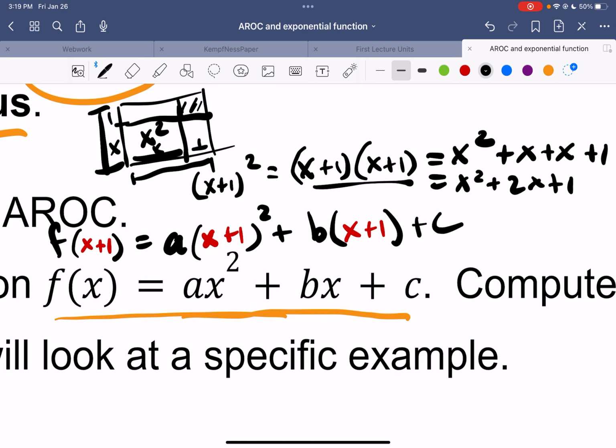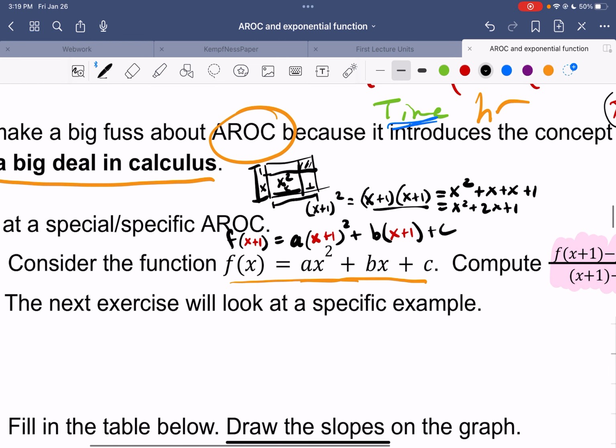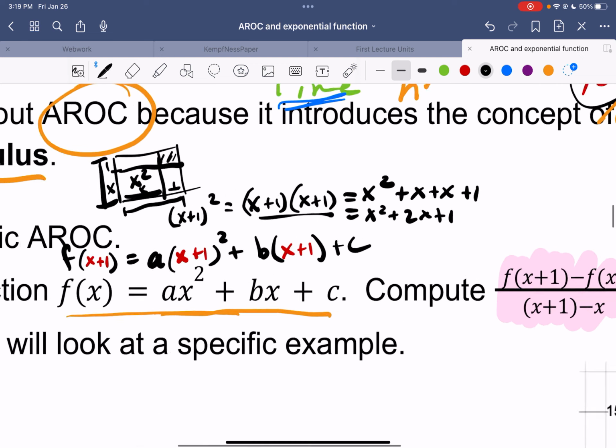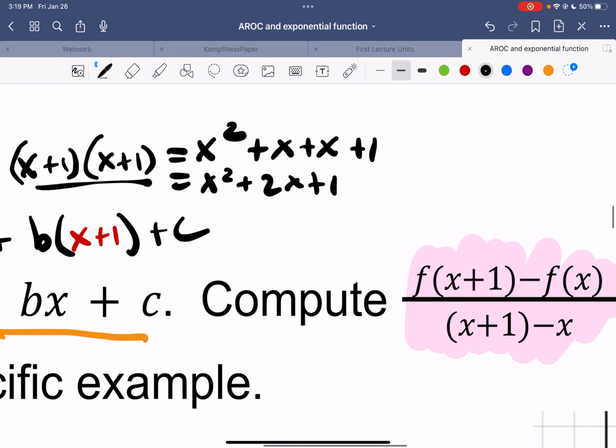You could have done foiling. There's many different ways to explain it, but whatever. That's what x plus 1 squared is. So I'm going to rewrite f of x plus 1 one more time. This is a times x squared plus 2x plus 1 plus bx plus b plus c.